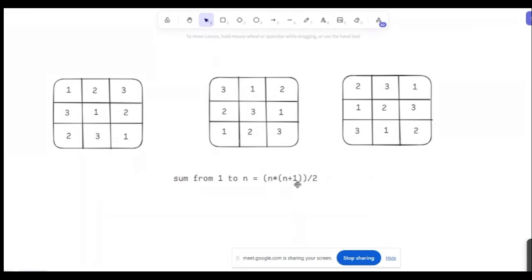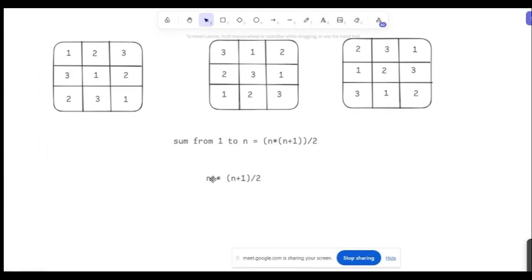Okay, then n plus 1 is even, right? So we have to take one element n times. So this n plus 1 by 2 element appears n times, which also equals the sum from 1 to n, right? For this example, n equals 3, 3 plus 1 by 2 is 2. So we are taking 2 n times.